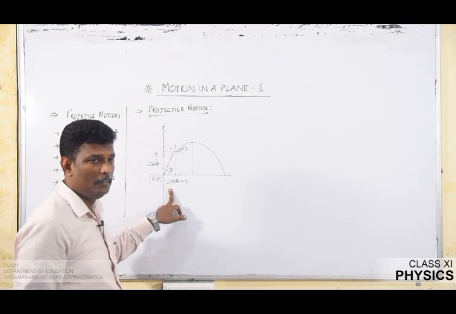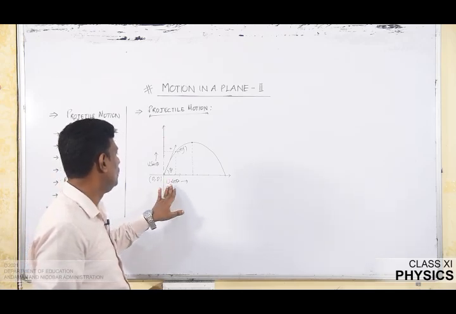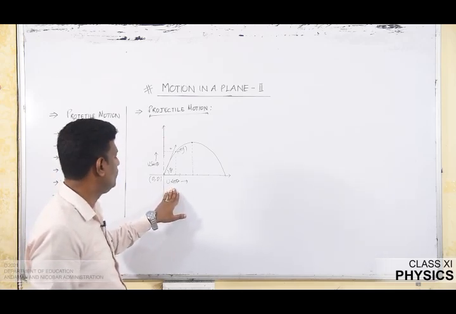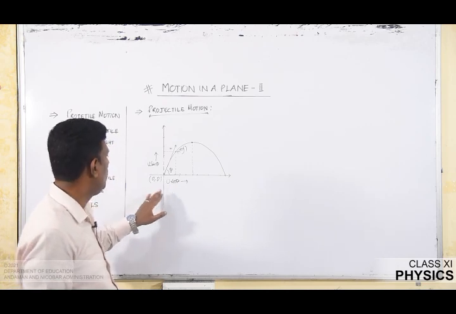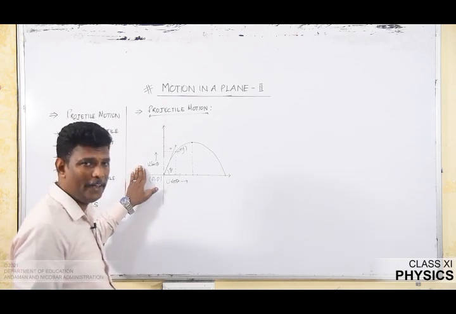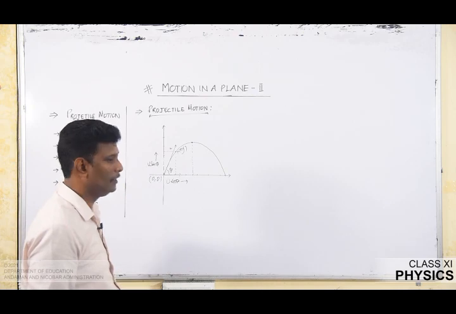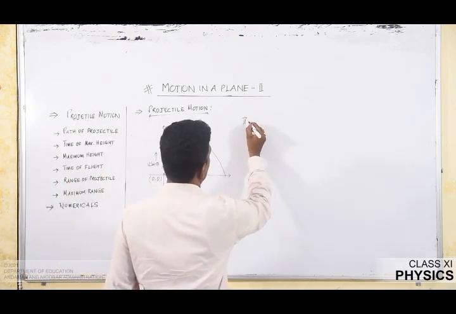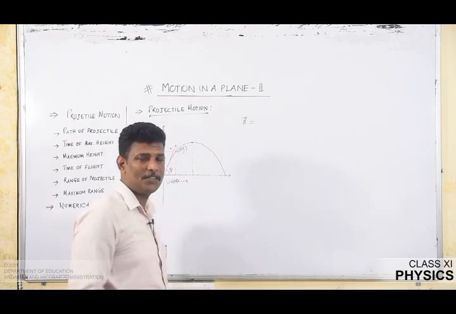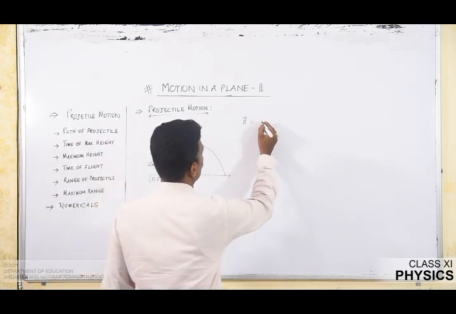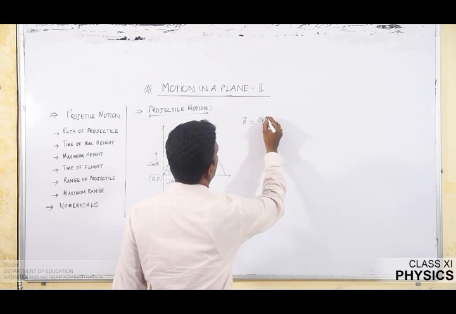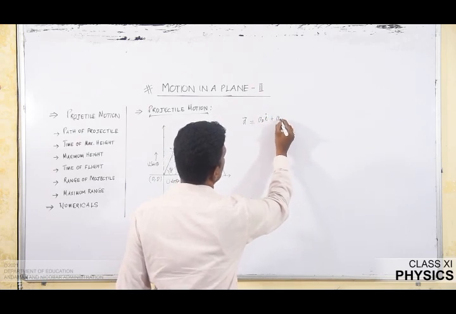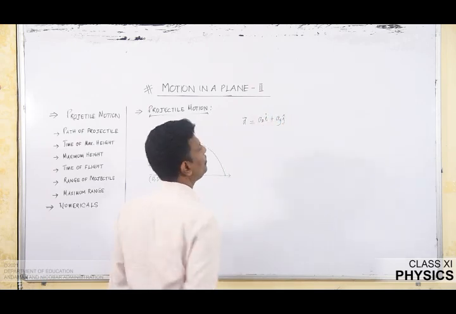Let the initial velocity along the x axis be u cos theta and velocity along the y axis be u sin theta. We know that acceleration has a component along the x axis plus a component along the y axis.